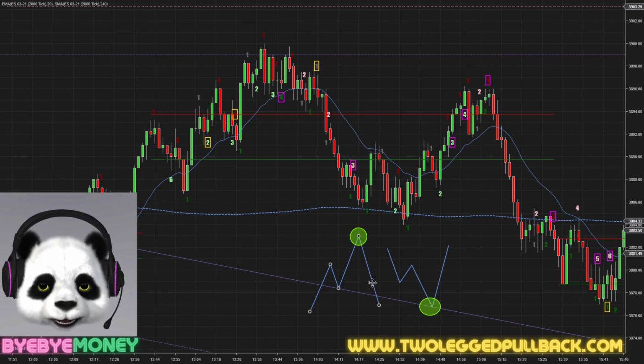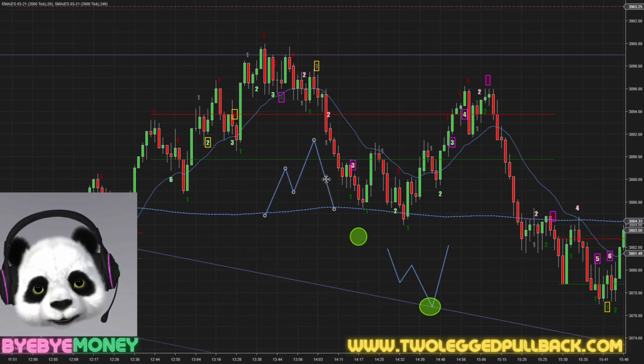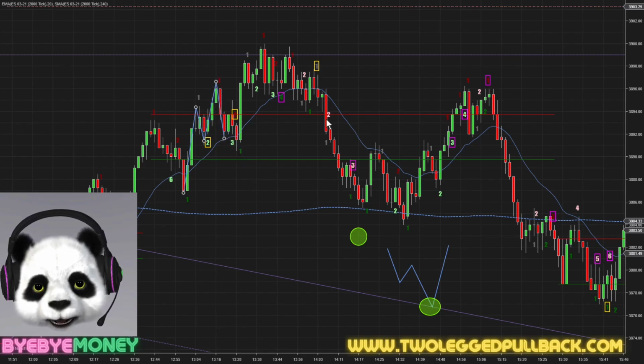Such as, if I grab this two-legged pullback and place it right here, you can see as it's near the top of this trading range, this red line marked by the range indicator, we can see that it's good for a scalp. And we can see this anytime that it is close to the top of the trading range.